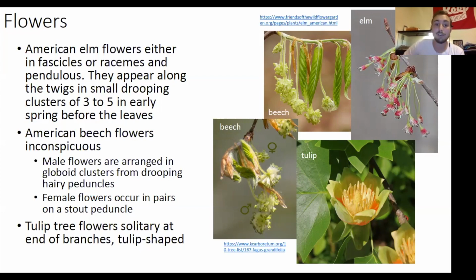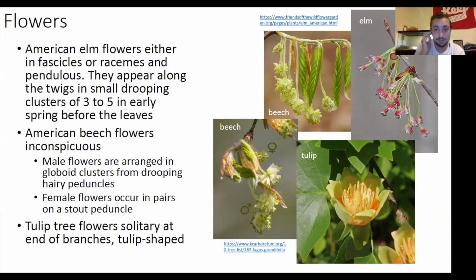So our American elm flowers are either born in fascicles, so in a cluster, or in a drooping or pendulous raceme. So remember that stem that then has stems branching off of it, and those branch stems are the ones with the flowers. They appear along twigs in clusters of 3 to 5, and they are apparent before the leaves.